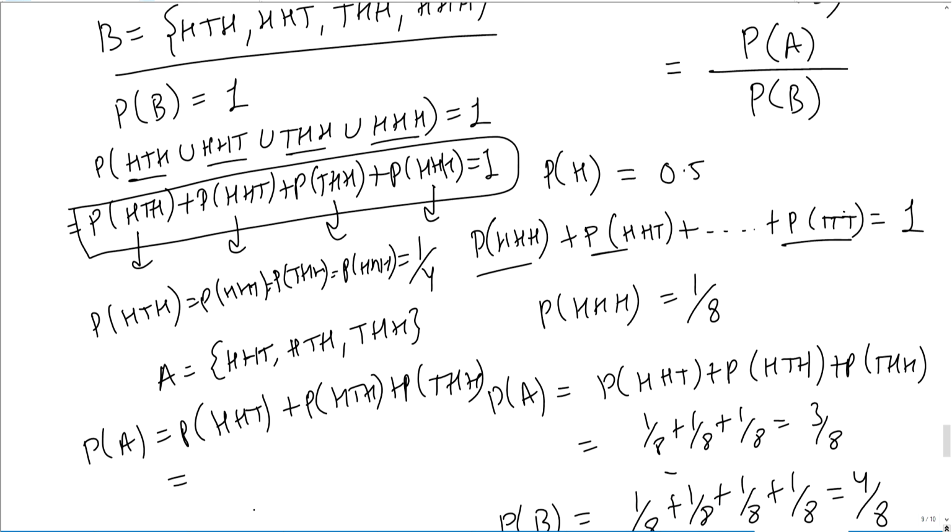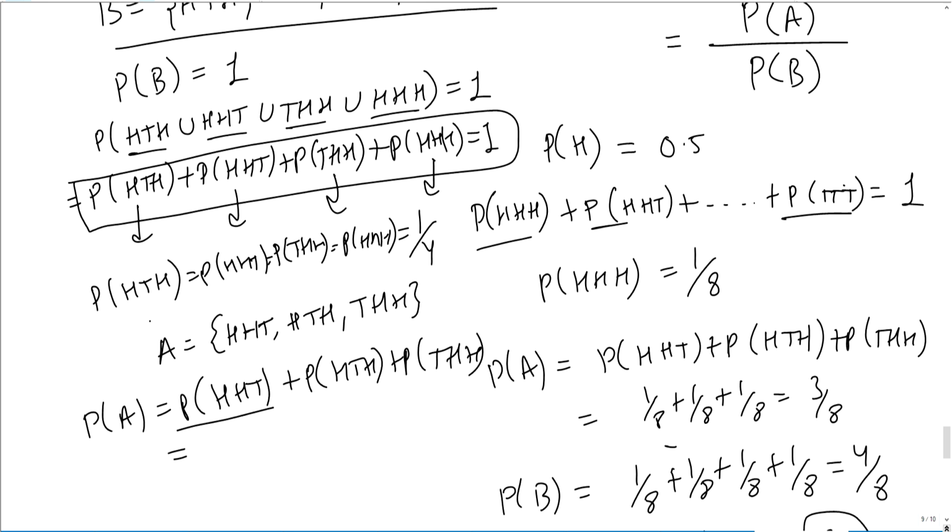What is probability of HHT? You can see it from here, 1 by 4. Assuming B was your sample space, this would be the probability of HHT. Probability of HTH is 1 by 4, probability of THH is 1 by 4. So, the probability of A that you obtain now is 3 by 4.